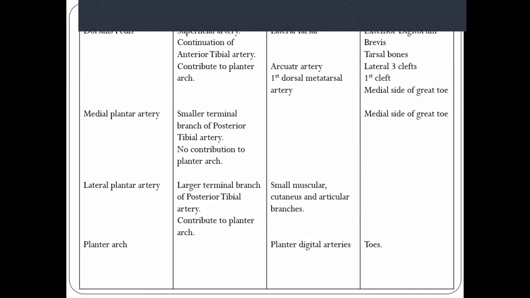This first dorsal metatarsal artery is given off just before the dorsalis pedis artery enters the sole. Okay. And it supplies the first cleft and the medial side of the great toe. So this is the artery which is supplied to the dorsum of the foot.